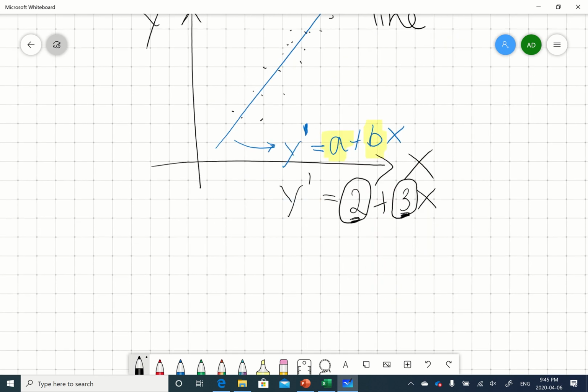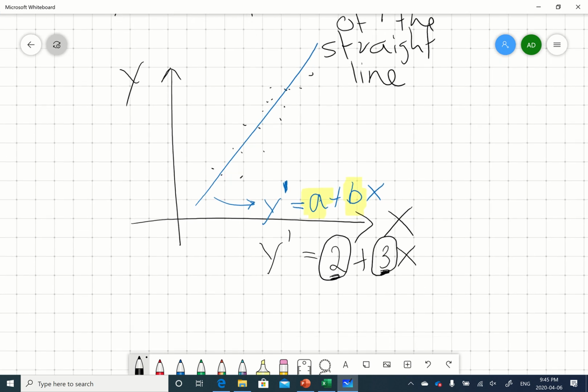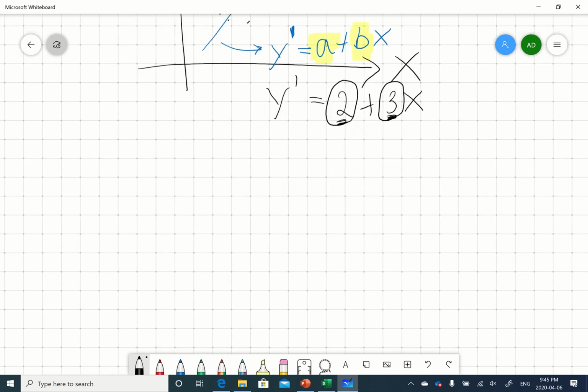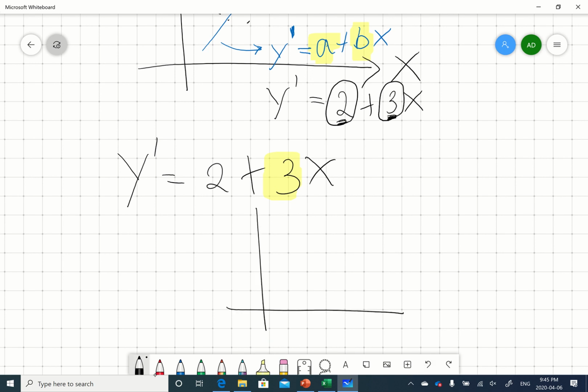Once you figure out the regression equation, you can use the slope b to talk about whether the association is positive or negative. If you have an equation like y prime equals 2 plus 3x, the slope 3 is positive. A positive slope means the line is moving upwards.